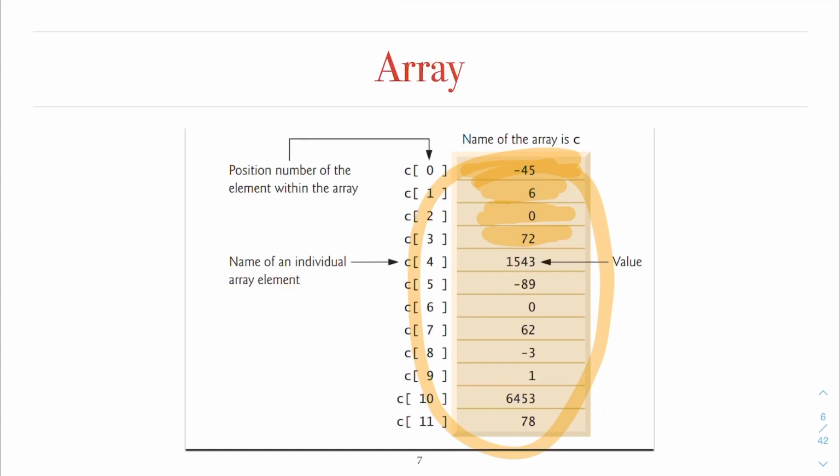Unlike some other languages, if you are familiar with Pascal, for example, then the index of the first element is 1. It is unlikely that you are going to use 1 for the index in C++, because in this language the first element has index 0.